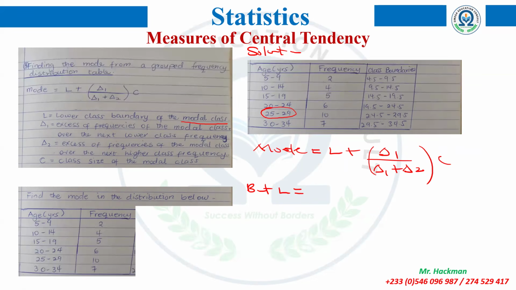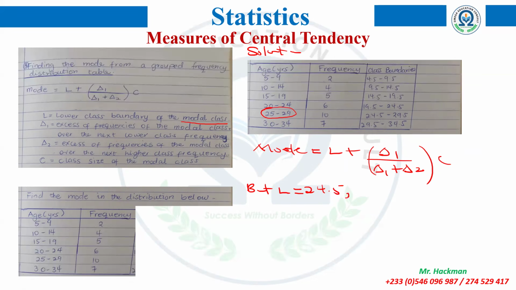Now, if this is the modal class, we said the L is the lower class boundary of the modal class. These will be the class boundaries of the modal class. What is the lower class boundary here? Is it not 24.5? Yes, so that is 24.5.